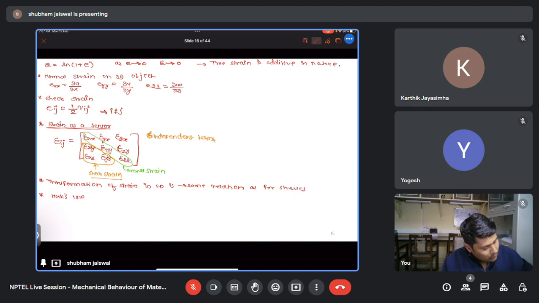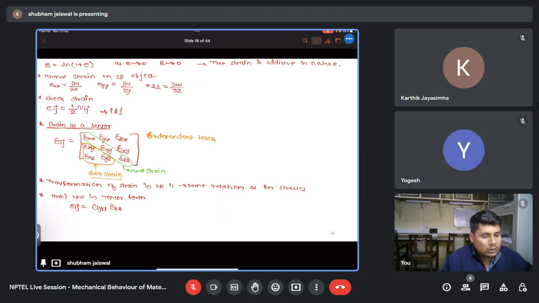Hooke's law in tensor form. So what is Hooke's law in tensor form? What is the C here?